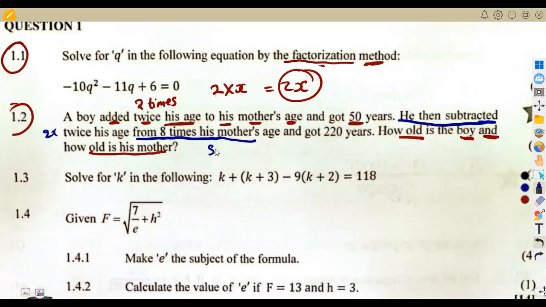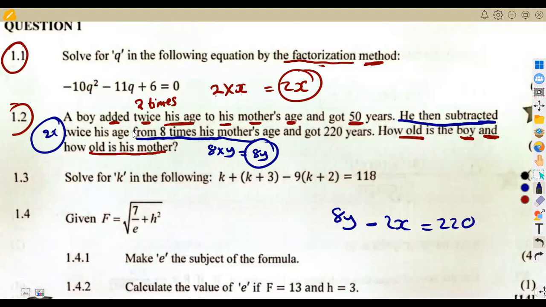So 8 times his mother's age is 8y. He subtracted from, which means 8y is going to subtract 2x, to give us 220.